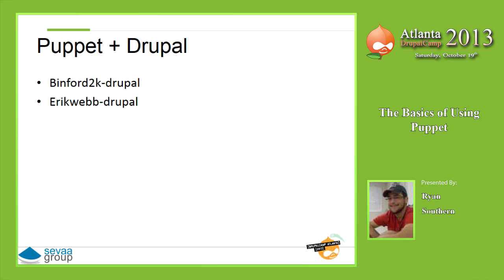And it saves a lot of time for the developer, because, for example, at the company I work with, Savah Group, in the past we've always run into issues where we forgot to add the php.ini file to bump the memory limit up, or we're not sure which version of PHP is installed on that server. So it allows us to make sure that all of our dev environments and production environments are the same.